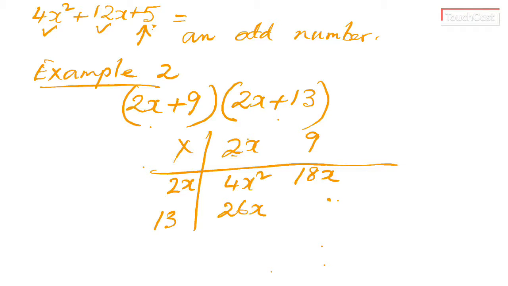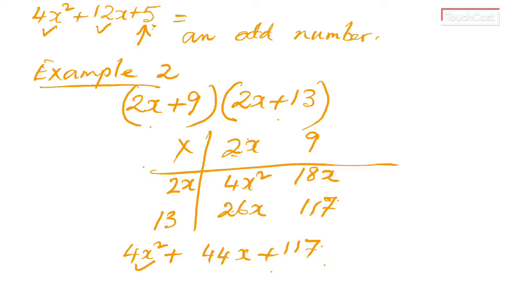well, I'm trying to work it out in my head. I hope I'm right. I think I'm right. Now we got to tidy up, simplify the expression, which will give you 4x squared plus, and once again I can see the pattern.